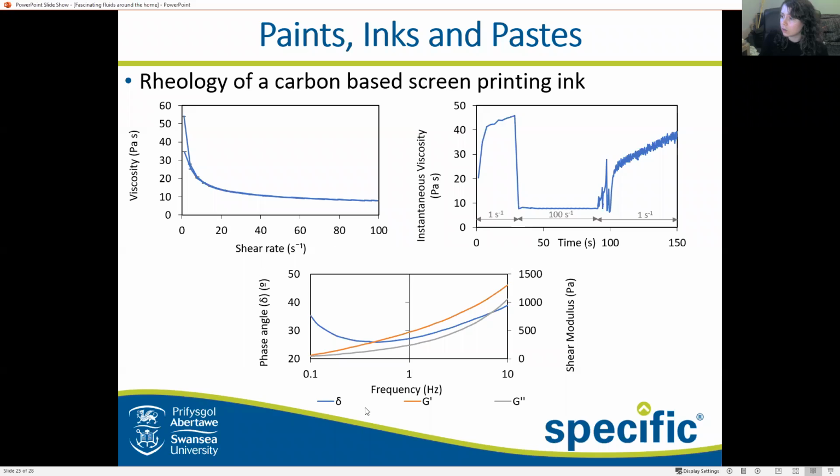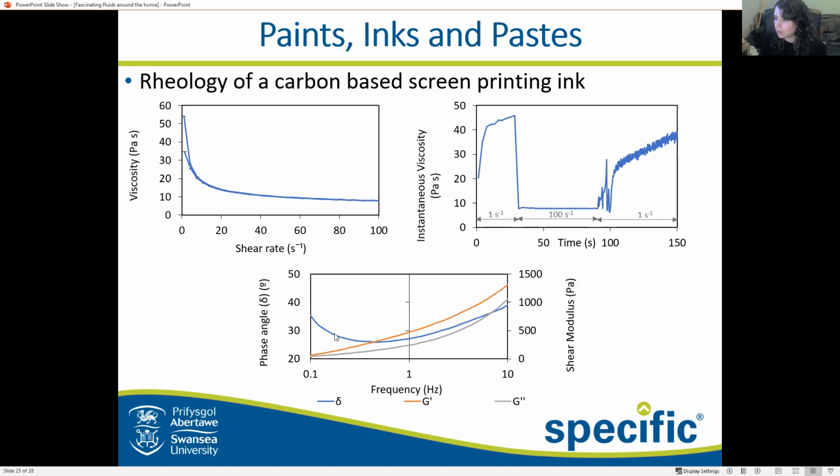And another little graph relates to what I went through at the beginning. So this is showing how its elastic and viscous response changes as I increase frequency. So how quickly I am turning the ink back and forth on that cone and plate rheometer I mentioned earlier. So here I have my cone and below I have a plate, and I'm turning the ink back and forth at a given frequency.